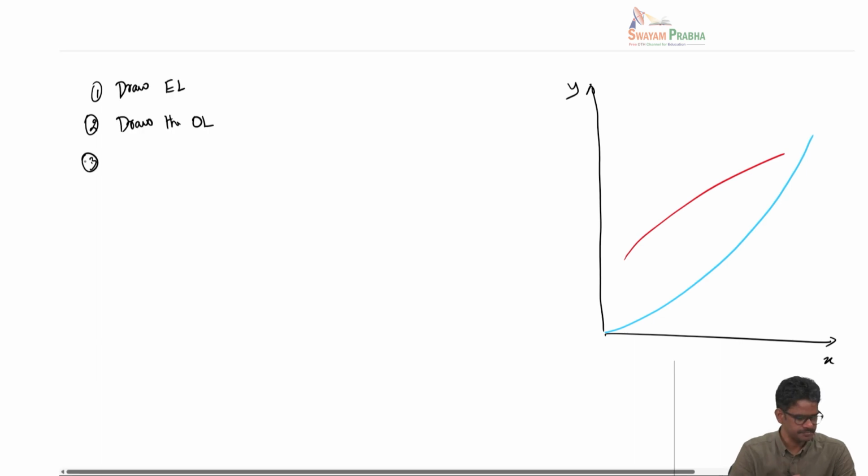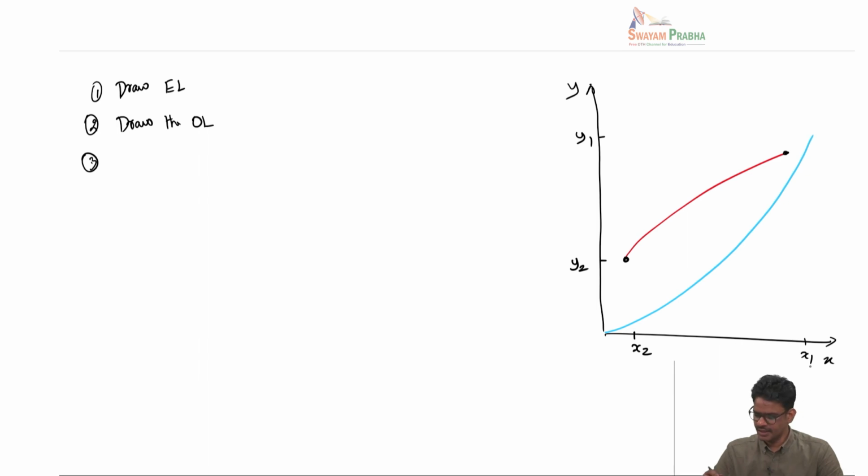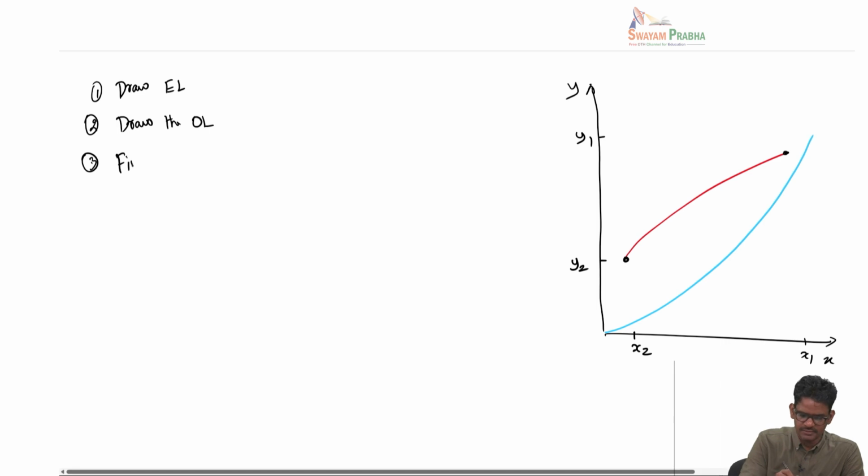Step 3. Let me also mark these points. This is y2, this is x2, this is y1, and this is x1. Okay, now what we are going to do is look at the midpoint. Find the midpoint between the EL and OL.